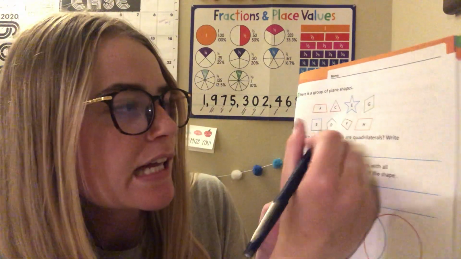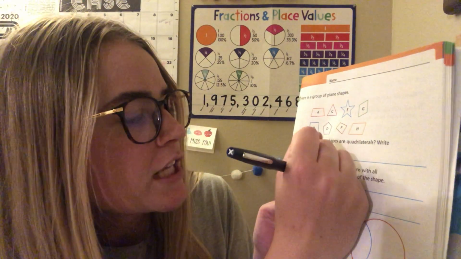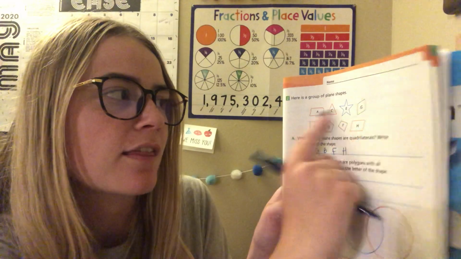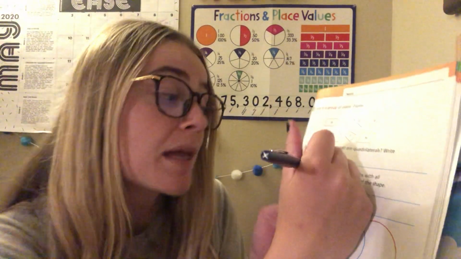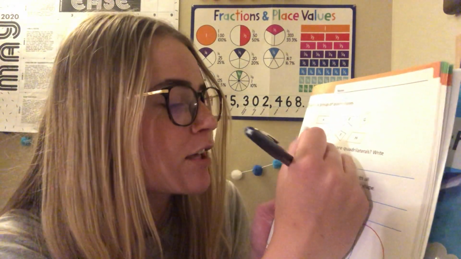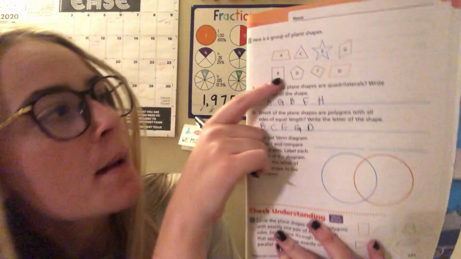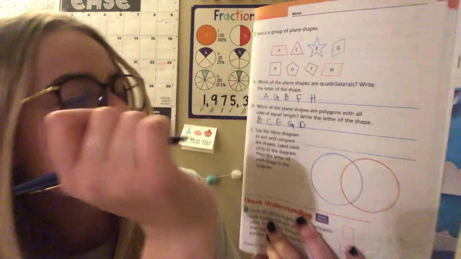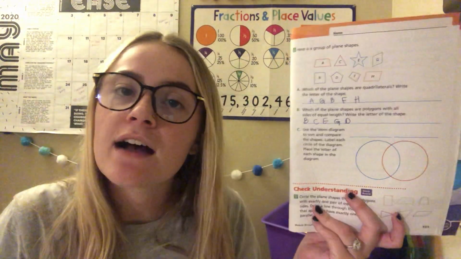Yes, I am. Okay, so C, E, G, B. Oh, I didn't even notice that it's going up and down. I thought it was going across. So we missed B, but yes, B is. And D, I want to say D. Am I right? Yes. Thank you, book. Not F and not H. So B, C, D, E, and G are polygons where all the sides are equal length.